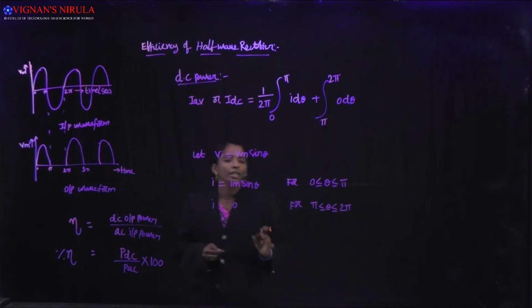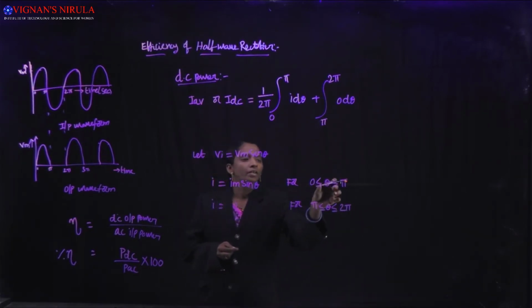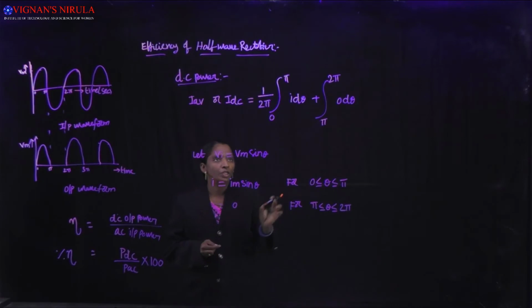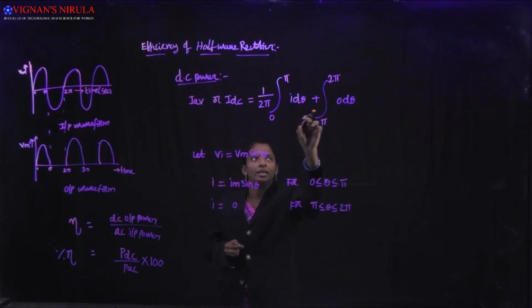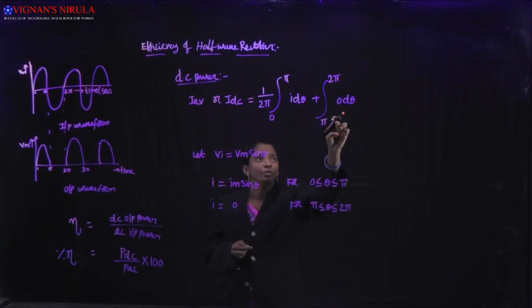We get output for theta between 0 and pi, that is I d theta, and 0 output from pi to 2 pi.